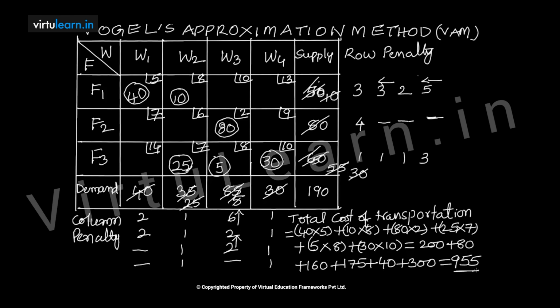When we observe these three methods, we have got the lowest cost that has occurred at Vogel's approximation method. Now after this, we check for optimality. What this check for optimality indicates is whether we have arrived at the lowest cost of transportation or not.